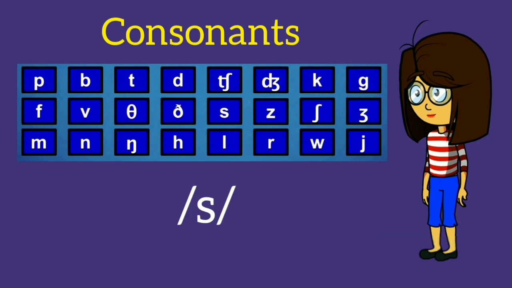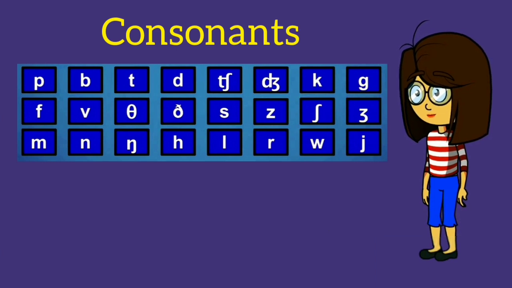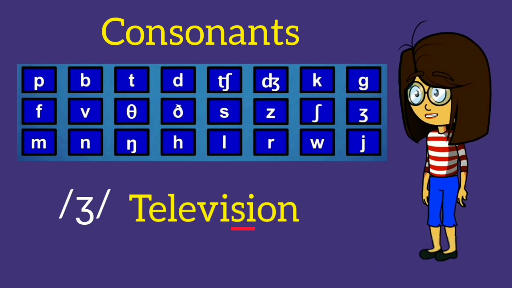Next, s, z. Next is sh, as in the word ocean. It sounds like the ish sound, similar to the Tamil letter sh. Next is zh, as in the word television.